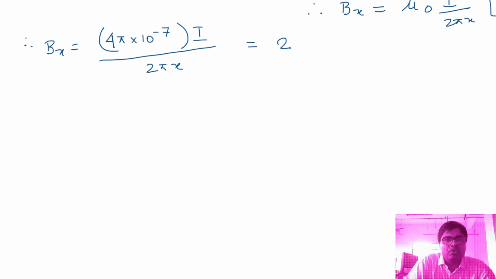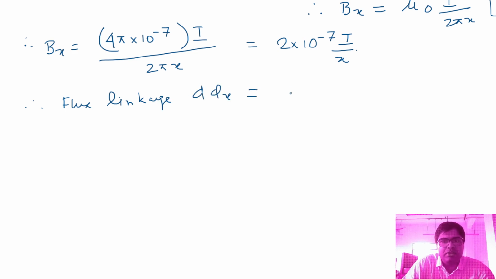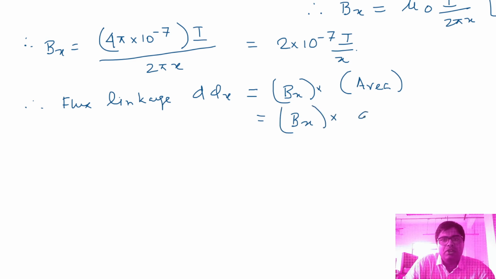So we have 2 into 10 to the power minus 7 I by x. So then what will be the flux linkage? We have d phi x for external case equal to Bx into area, and area is dx into 1. So we have 2 into 10 to the power minus 7 I dx by x.